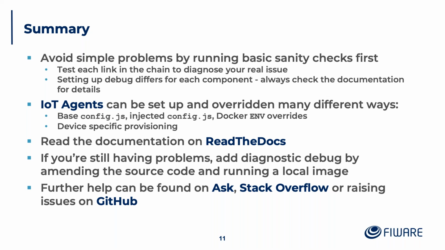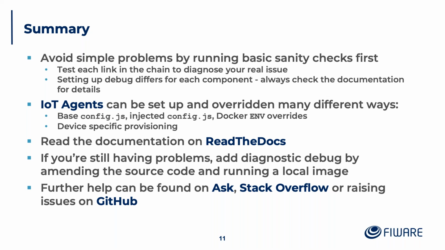Your IoT agents can be set up and overridden in various different levels, and this is one of the problems people have when trying to work out how to connect these things. You've got your base config, you could inject a config, or you could add in Docker environment variables, and of course you can do the specific provisioning.